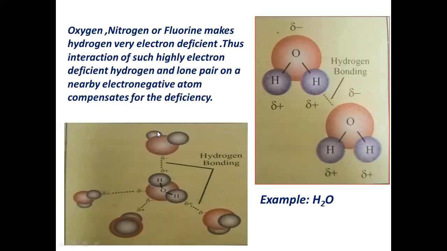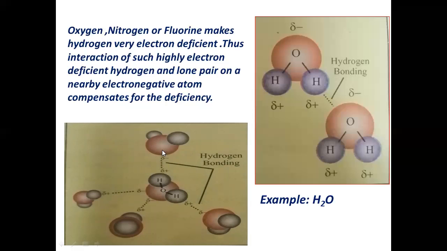So one water molecule can make four hydrogen bonds. Two hydrogen bonds are due to the presence of these two hydrogen atoms, and two are due to the presence of the two lone pair electrons. As I told you, on oxygen two lone pairs are present. So the hydrogen of this molecule will pull electrons from the lone pair of this water molecule, and this will pull an electron pair from this water molecule.